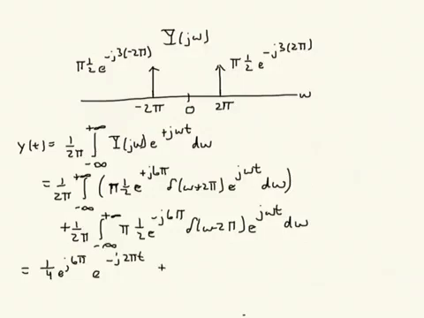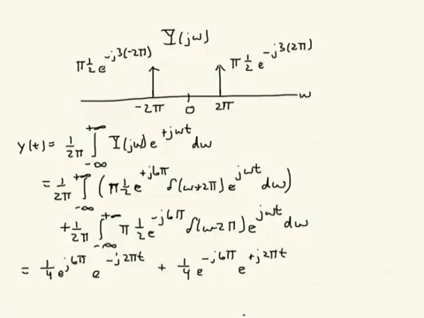And then we get similar terms over on the next one. We get 1/4 e to the minus j 6 pi e to the plus j 2 pi t.